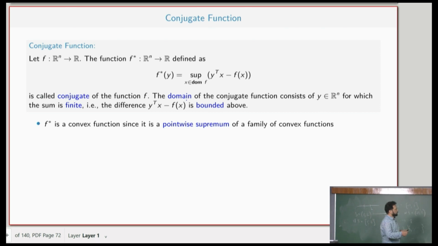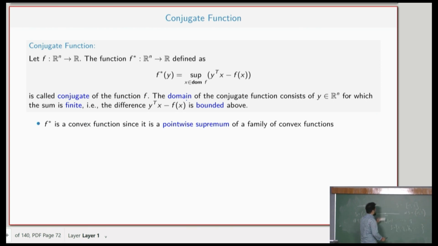This will be seen as a function of y: for each x I get y transpose x minus f(x), for another x I get another such function, and f star is the supremum of all those functions for different x. But each of these is a convex function.